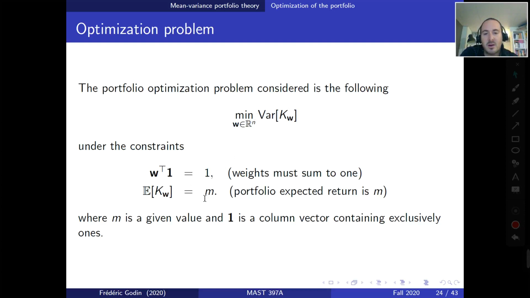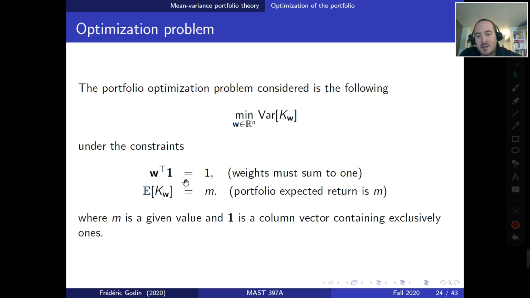And second, we impose that the expected return of the portfolio is m. So we fix the profitability that we want, the expected return, and we look across all such portfolios for the one which minimizes the variance of the return.